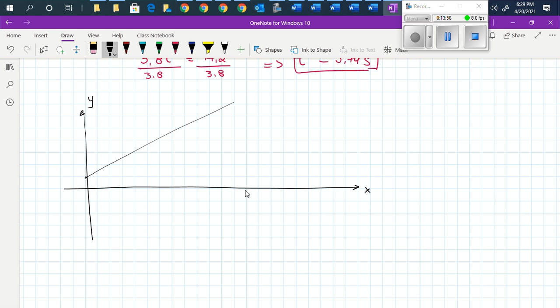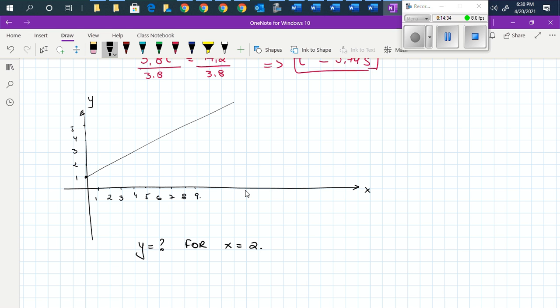For simplicity, we will consider that each of those squares on the graph represents one unit. So this will be 1, 2, 3, 4, 5, and so on. Now let's suppose that we are finding what is y for x equal to 2.